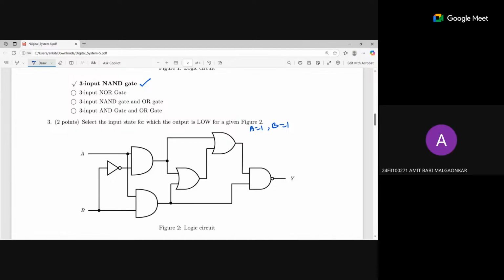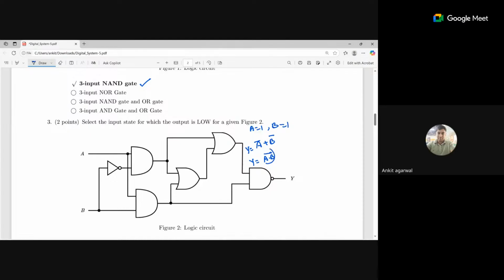The equation I'm getting, sir, is A bar plus B bar, Y.